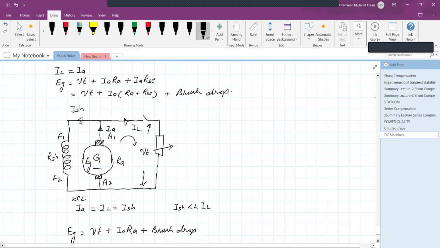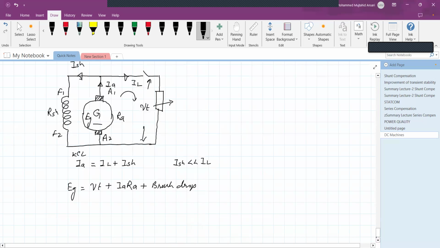Now, the next category is the compound generator, isn't it?